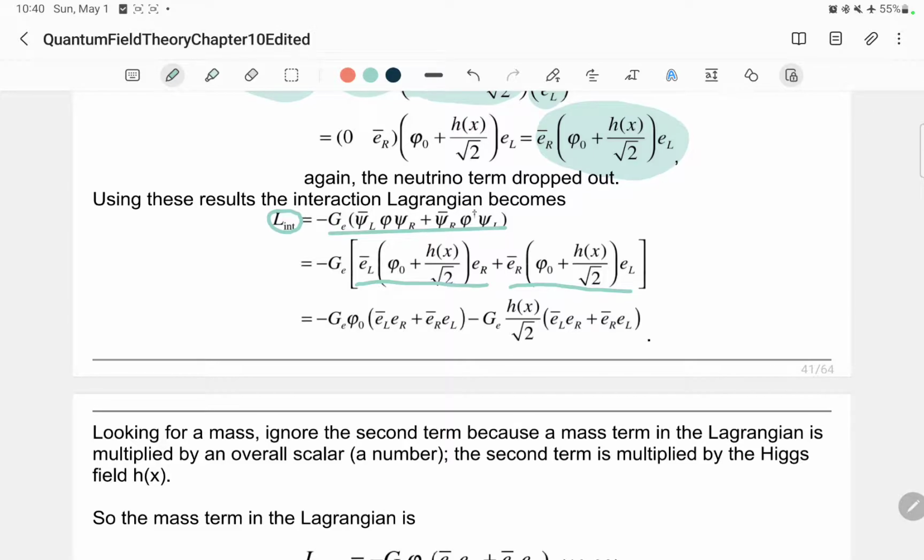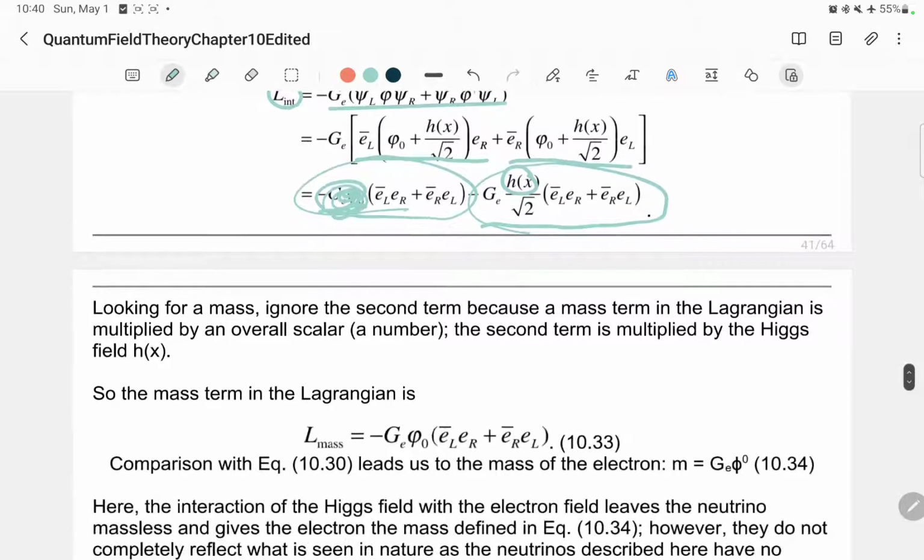So as you can see, you have this term, but you have this Hx here, the Higgs field, and this one here is a term where the coefficients are constant, so this could be the mass term.